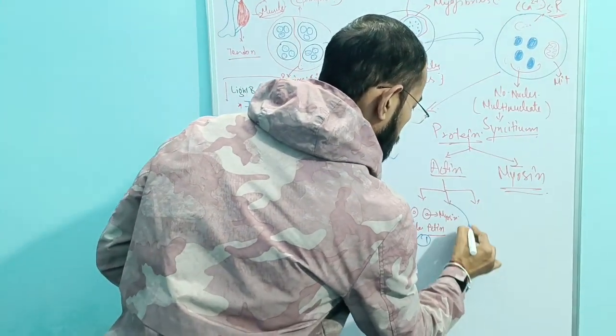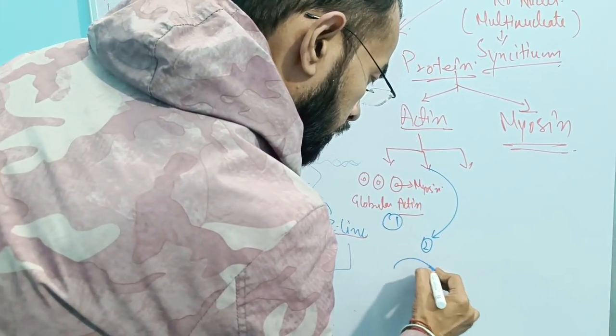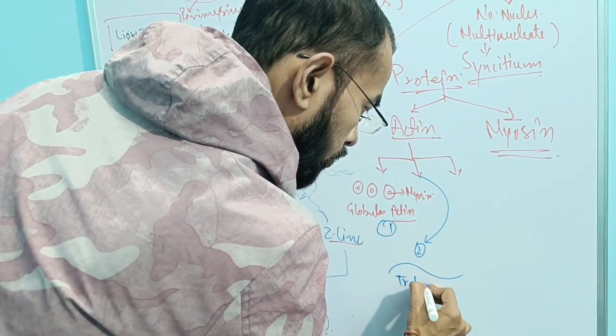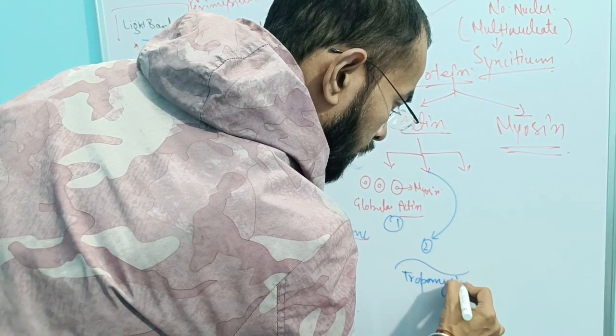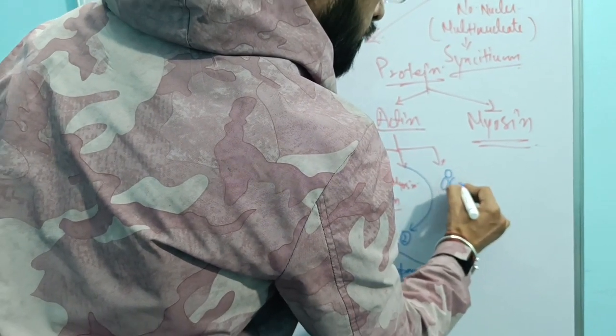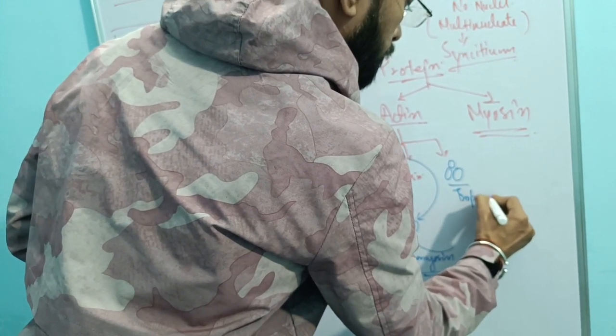First is actin, then the second is an array of tropomyosin filament, and the third one is troponin.